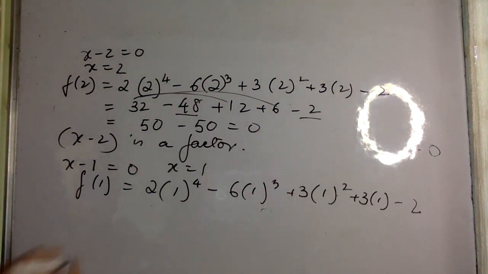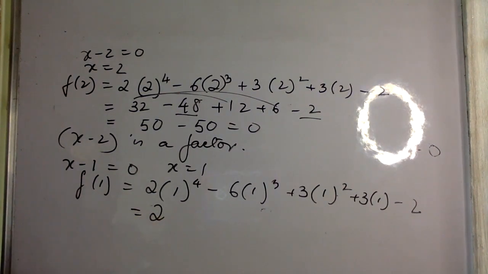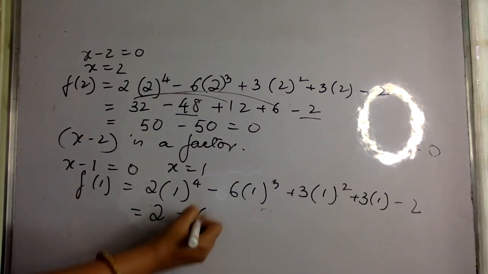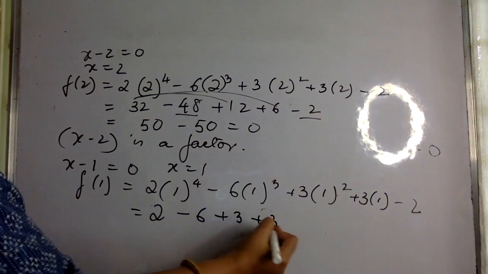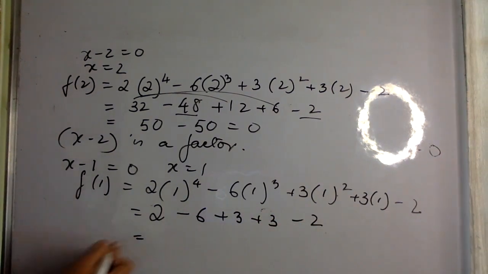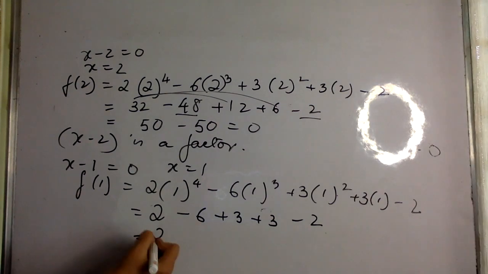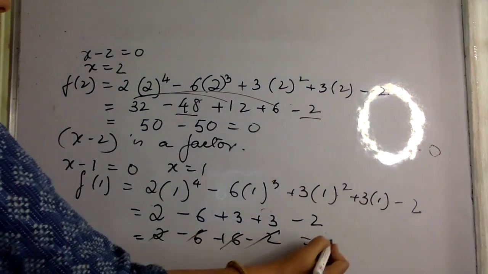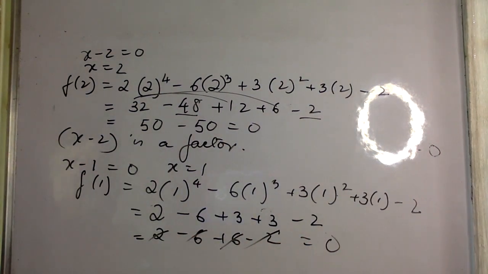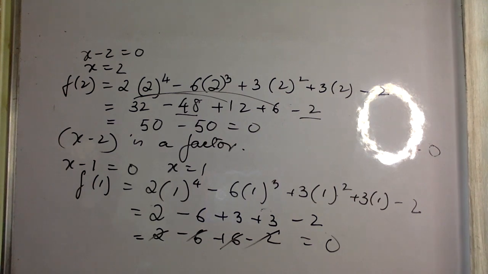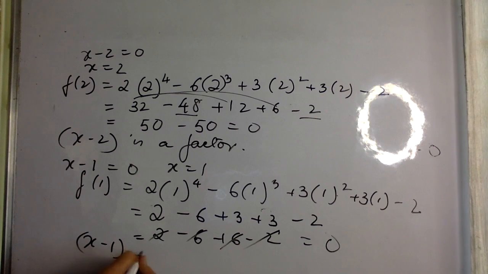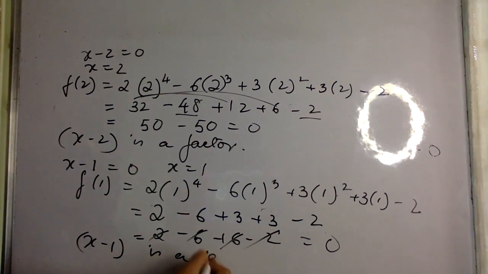That gives me 2 minus 6 plus 3 plus 3 minus 2, which is equal to 0. So what have I proved? I have proved that x minus 1 is also a factor.